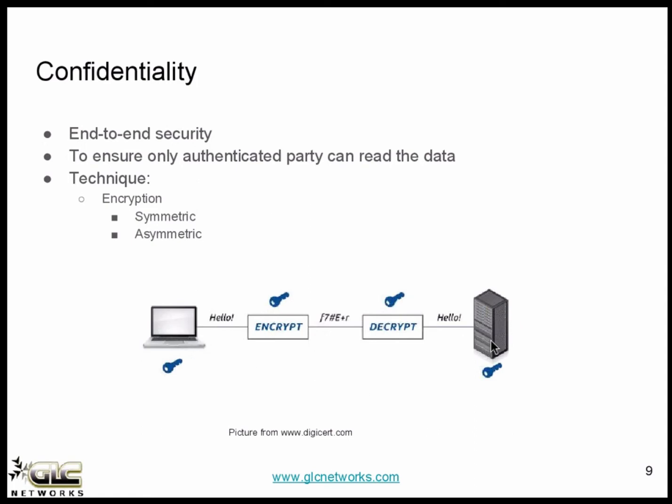Left and right can be laptop to PC, server, or server to laptop. It's just a symbol from A to B. From the left I encrypt the plain text, hello, and then it's encrypted. When the message arrives, it's decrypted and I get the original message. As simple as that.